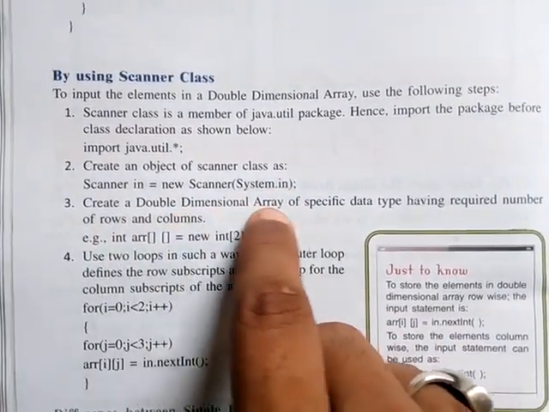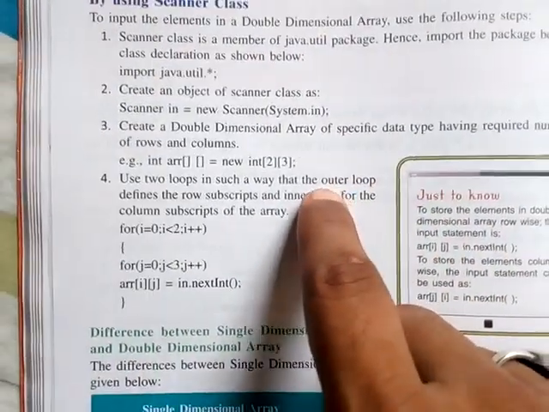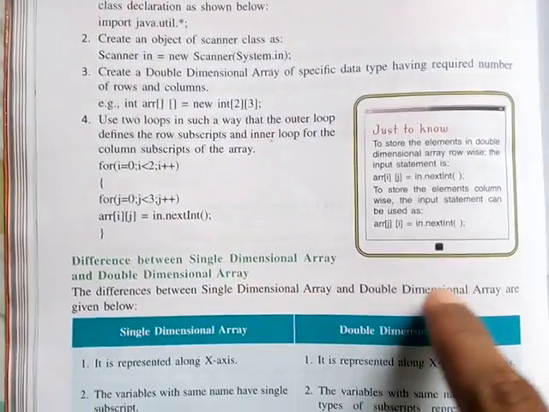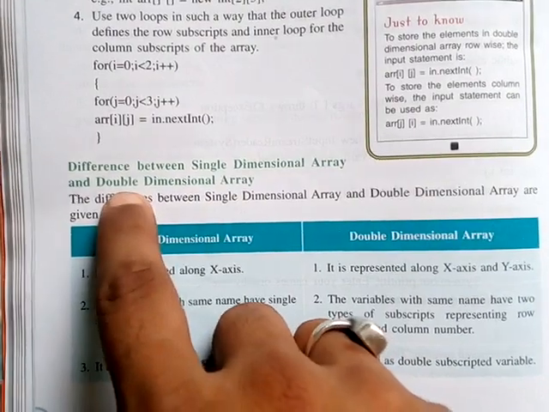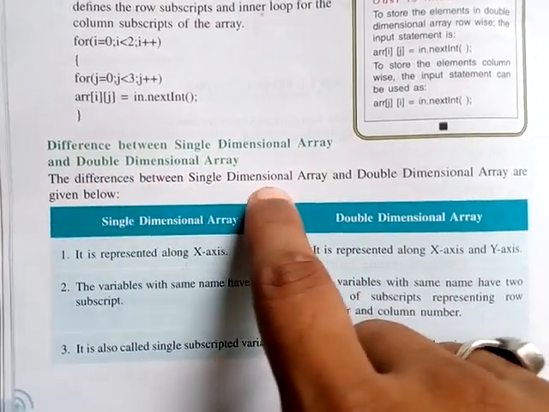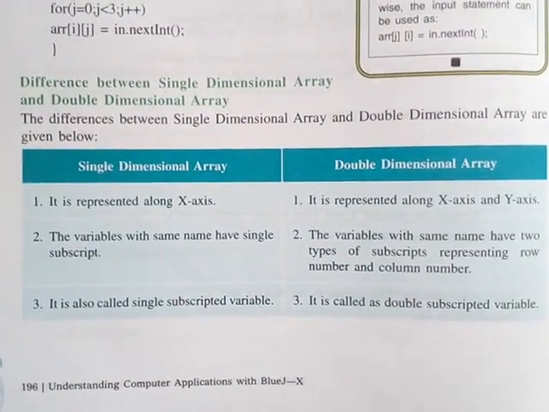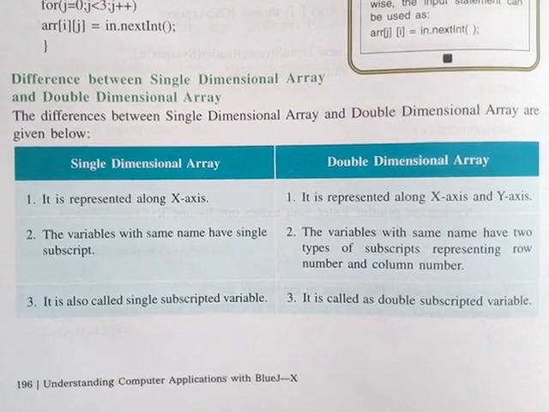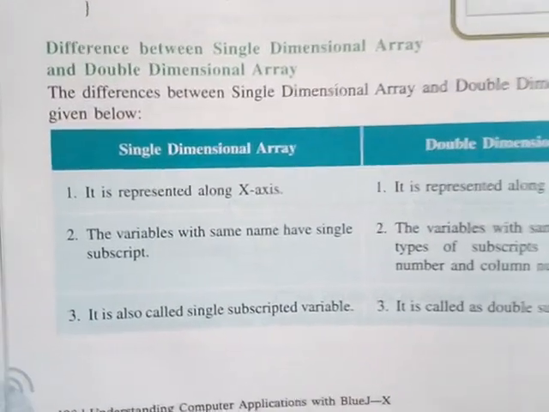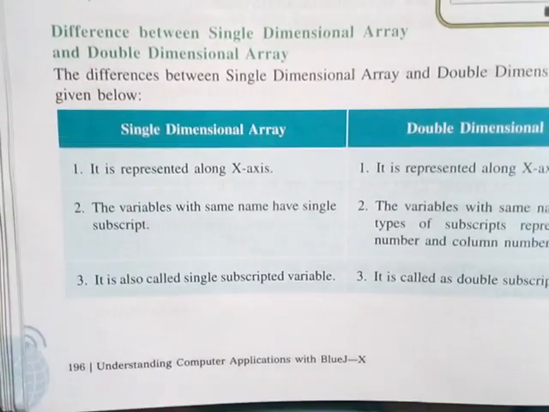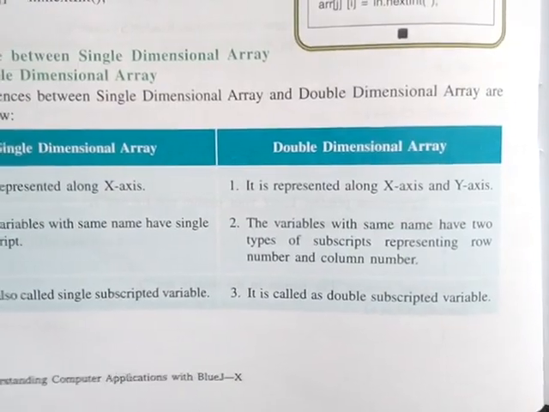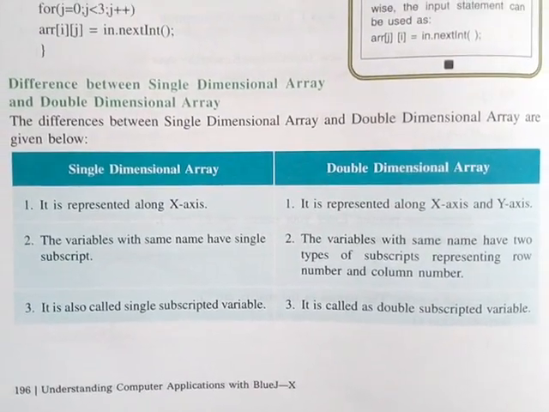Number 3, create a double dimensional array of specific data type. Then all these things, see. And this is very important, the difference between single dimensional array and double dimensional array. See this definition, it is very important, so you should read it once.